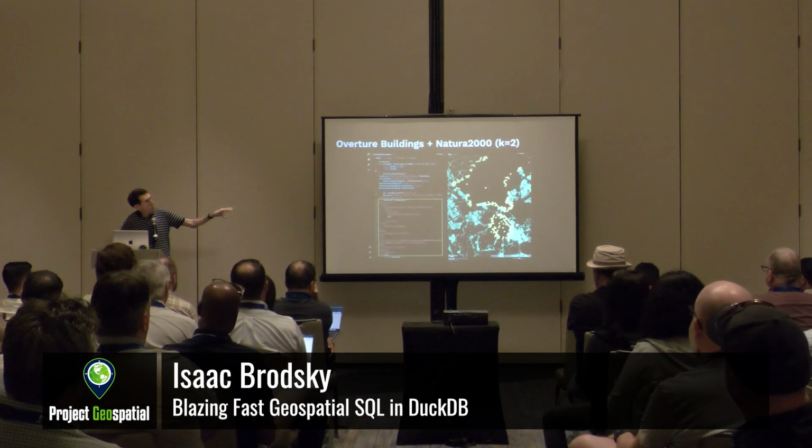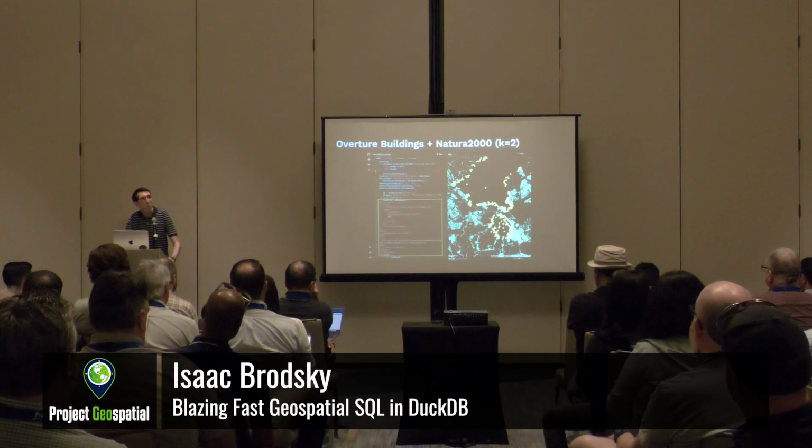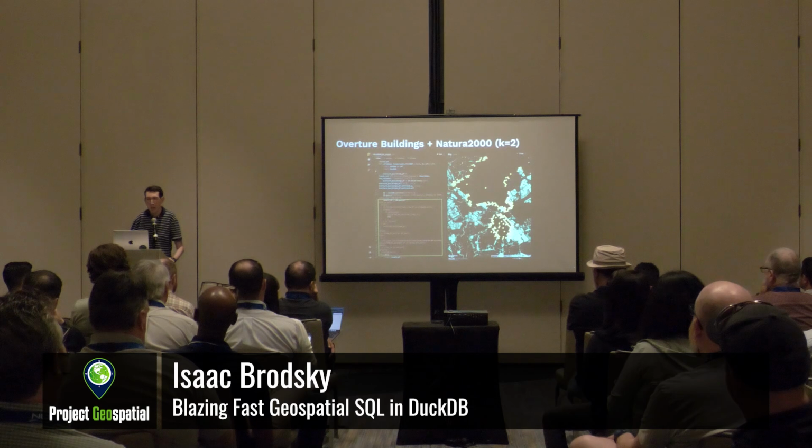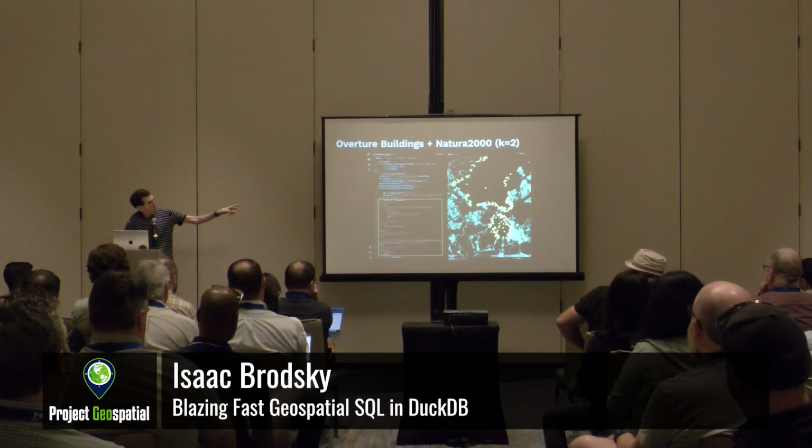On the right, those yellow hexagons are the areas where there are buildings that are within a certain distance, a certain radius of those biodiversity areas. Most of those are not intersecting with the area, but I think there's one in the middle there, which it looks like it probably is a building in that area.